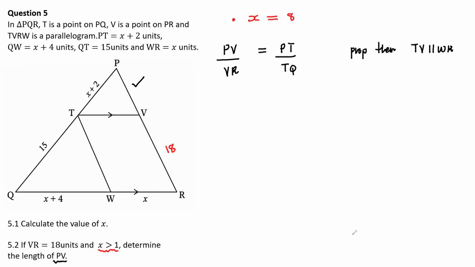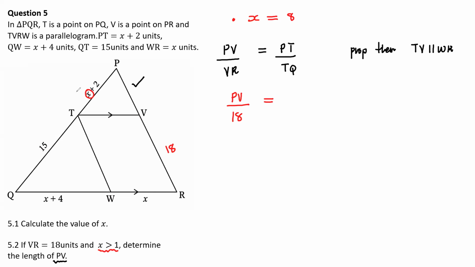So PV over VR. VR given is 18. PT, remember x is 8 from the previous calculation. And I just want to say, when you're finding the value of x from a quadratic equation, you can use the quadratic formula. It's still okay. Or you can use conventional factorization, whichever you're comfy with.